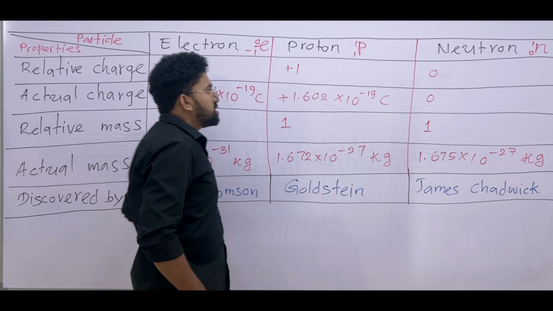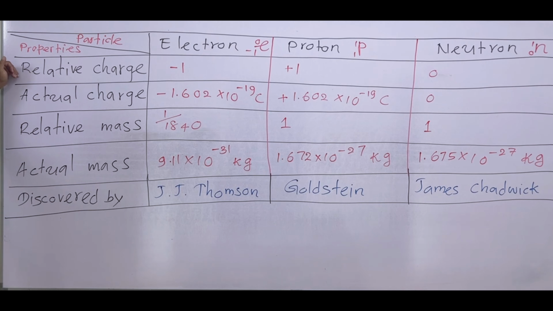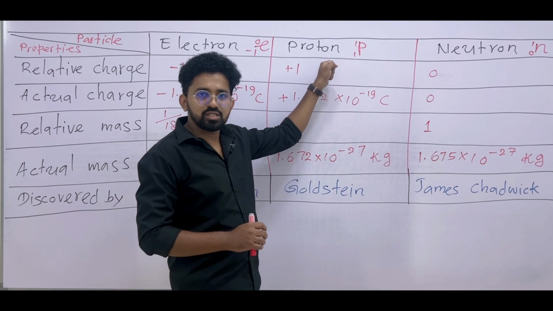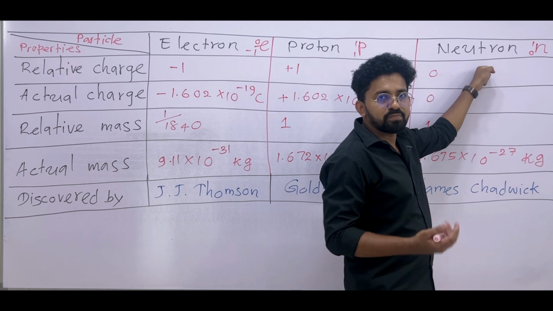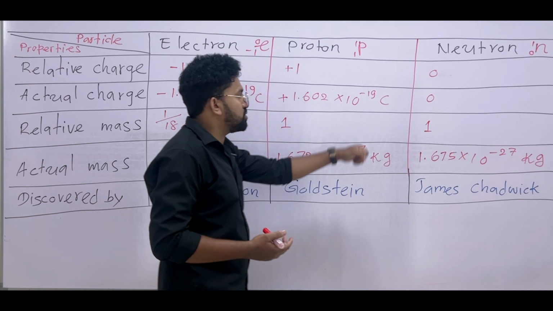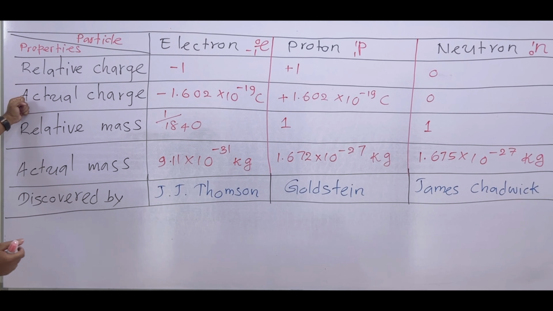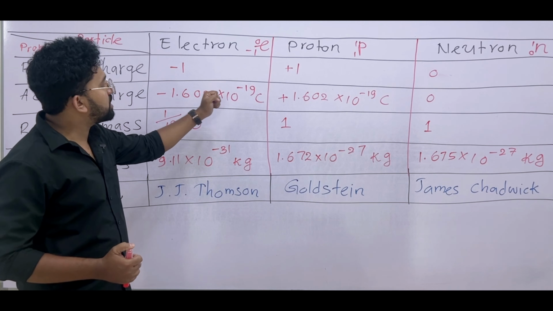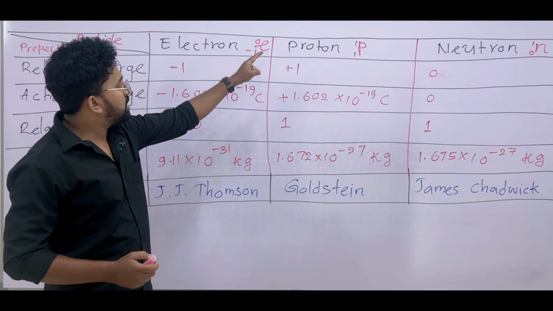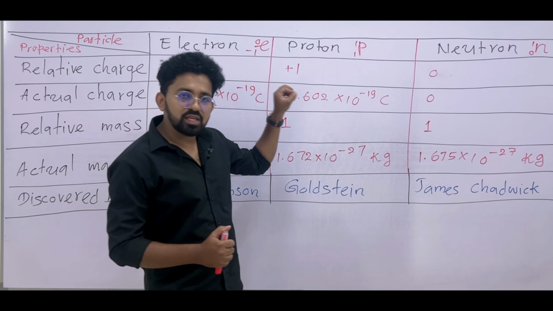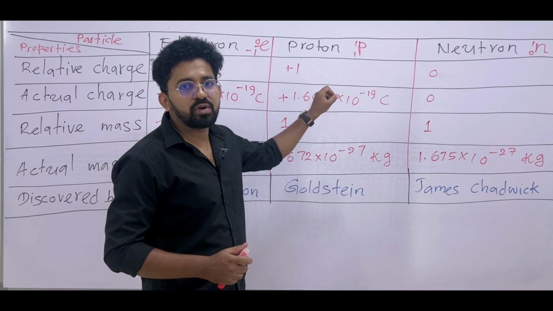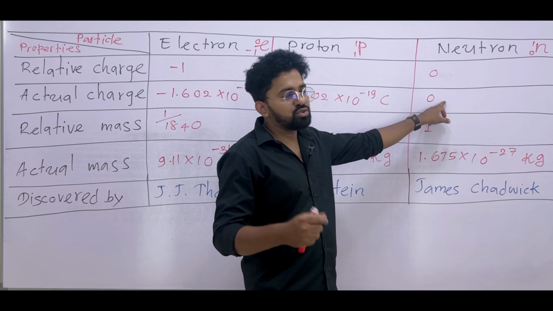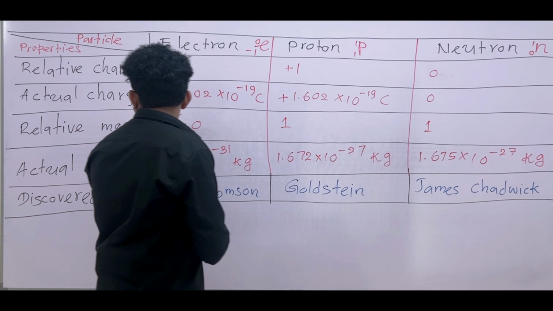The relative charge of the electron is -1, the proton is +1, and the neutron has no charge, so 0. The actual charge of the electron is -1.602 × 10^-19 coulomb, the proton is +1.602 × 10^-19 coulomb, and the neutron is 0.